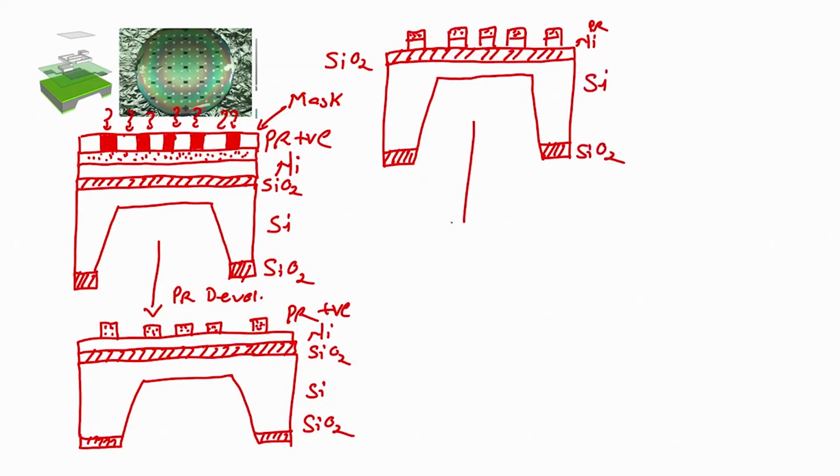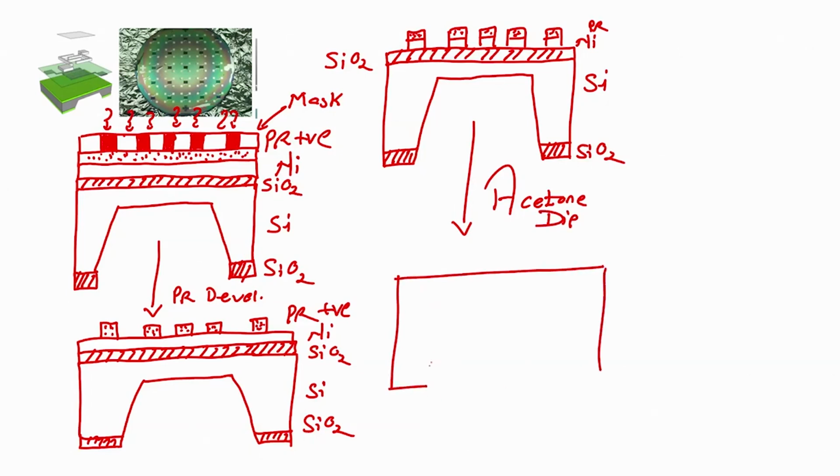dioxide. After etching nickel, the next step would be acetone dip or stripping of photoresist. When we strip off the photoresist, what will we have?